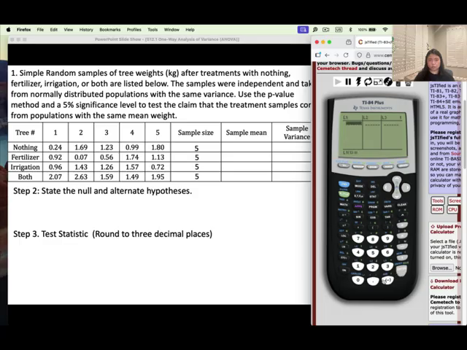Okay, so we're gonna input the nothing on your L1 here. So 0.24. I also input the L2. L3.